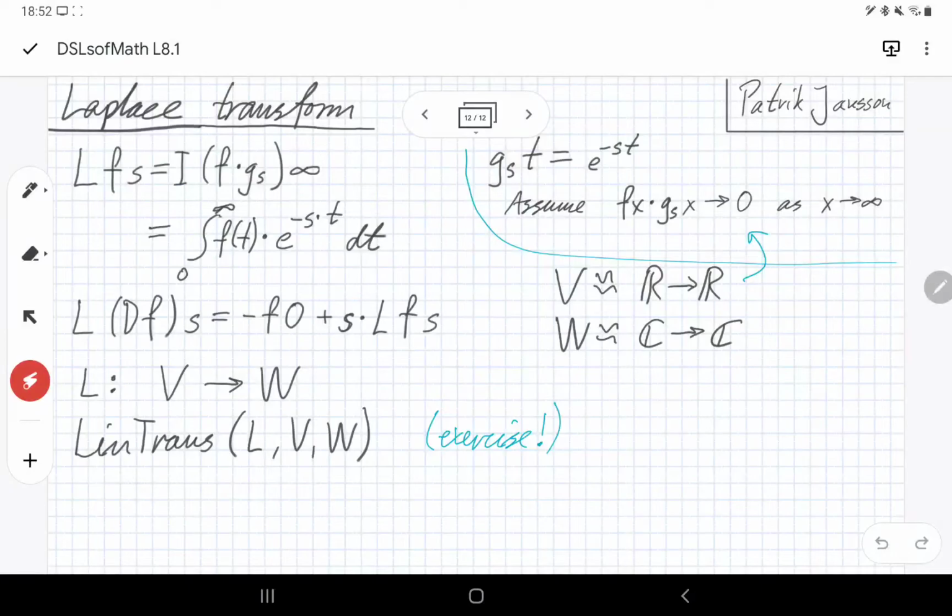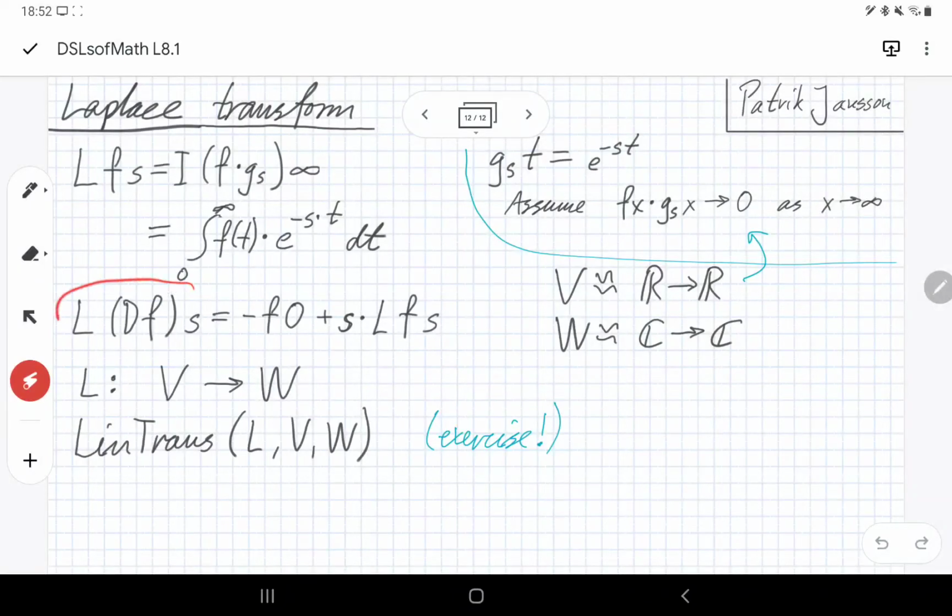It's also worth noting that the s used inside here is not involved in the integral. The integral is in the variable t, so f does not depend on s, and t does not depend on s. It's only the factor in front of t, the speed at which we're decaying in the exponential function here, that is affected by s.